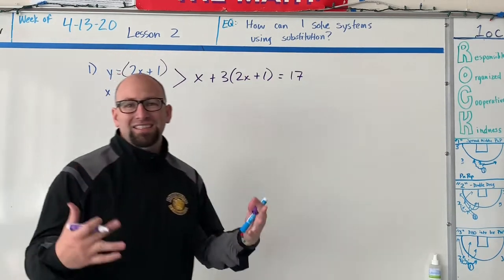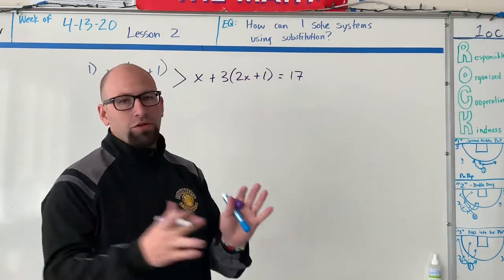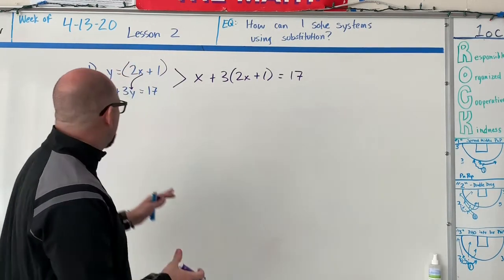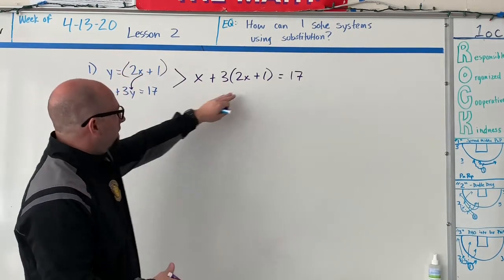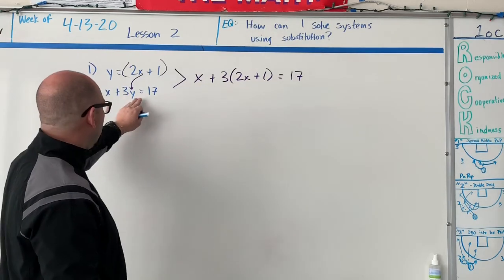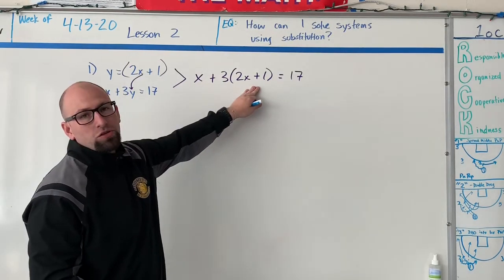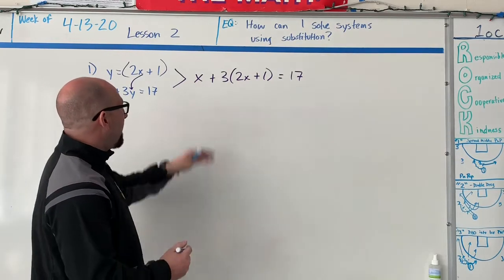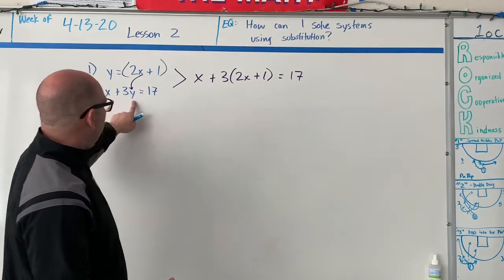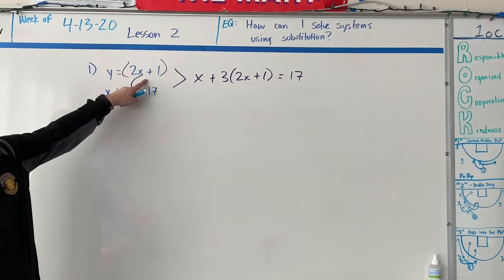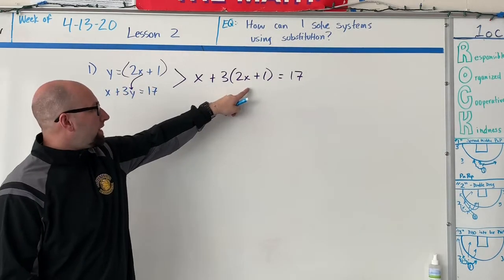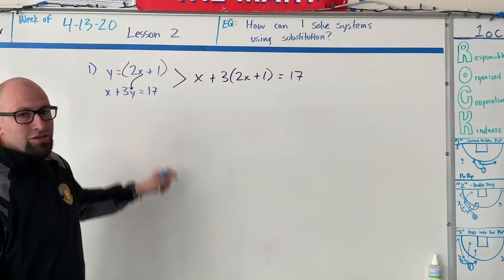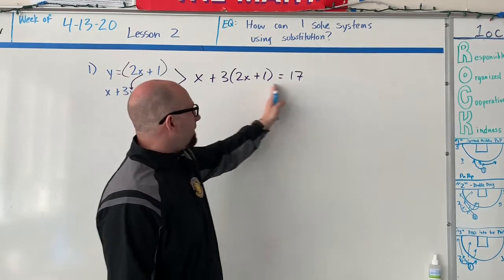So what is the isolated variable equal to? Well, that's what you put into the other equation. So y equals 2x plus 1, that's what we put in for y. Instead of writing y, we write 2x plus 1, and then we continue with the rest of the equation. So we have x plus 3, and instead of y, we've got 2x plus 1, equals 17. So now we've gotten completely rid of y.